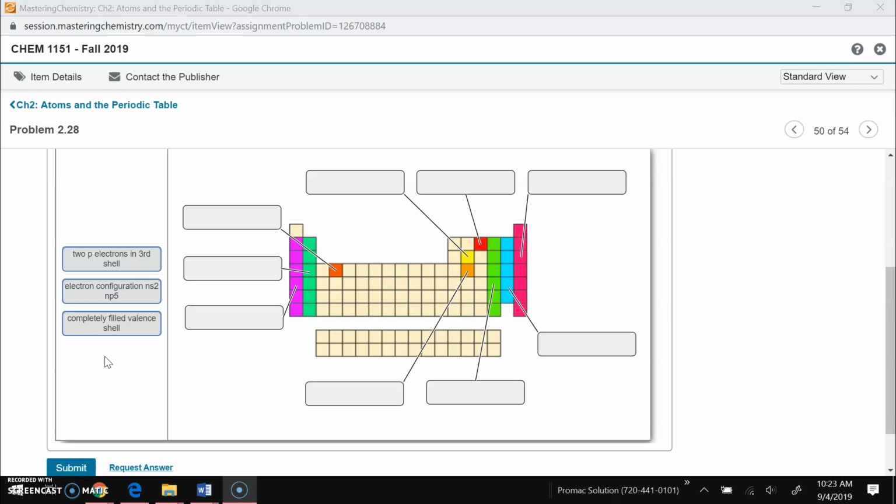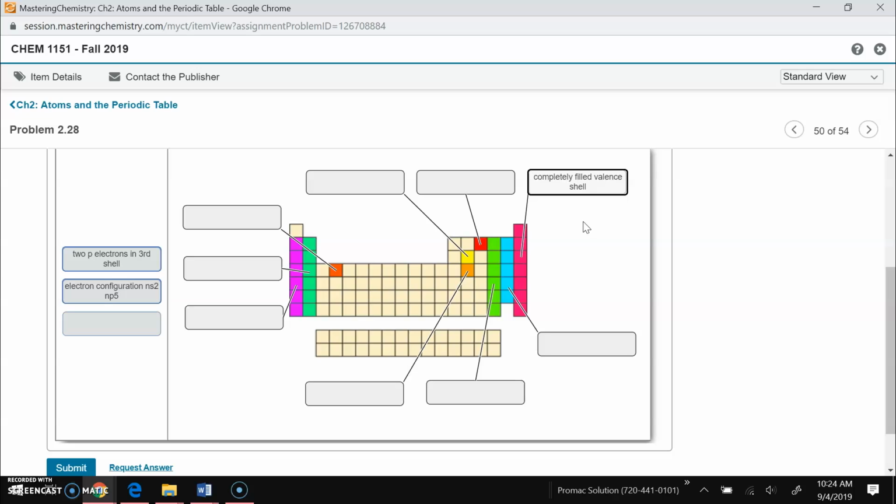The noble gases are totally happy. 8 is full, so you're looking way over on the far right. There's only one choice on the far right, this upper right box, so we're dragging that over there. Everything wants to be like the noble gases that have 8 valence electrons. We haven't defined that rule yet, but it's called the octet rule. We will define it in chapter 3.